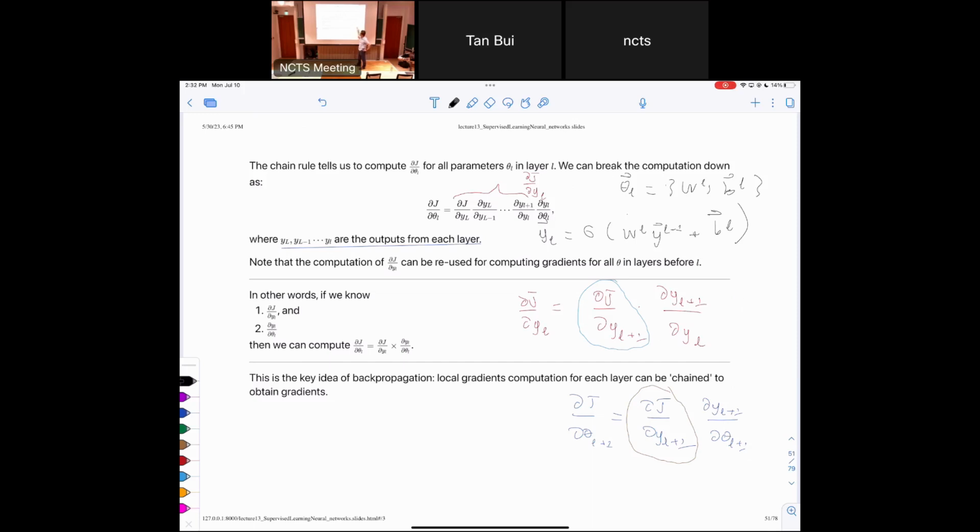You go all the way until you hit the layer that you are interested in.